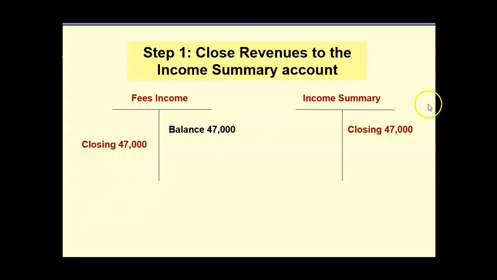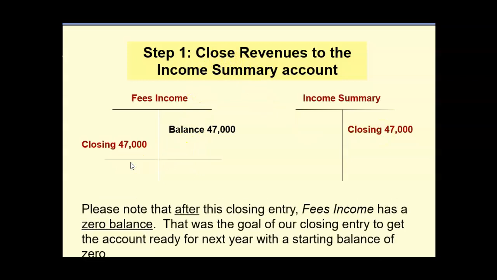The account we're going to credit is going to be the income summary account. So in step one, I'll debit fees income, credit income summary for $47,000. At the end of this first step, my revenue account is now showing a zero balance, and the account is now ready for the upcoming accounting period.